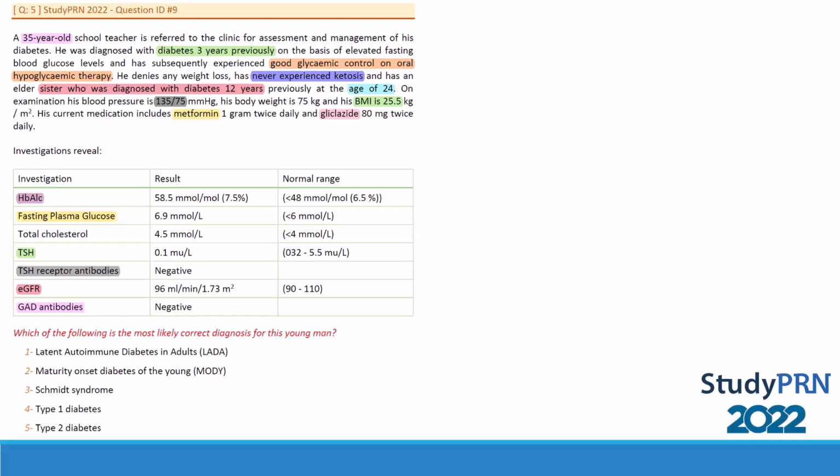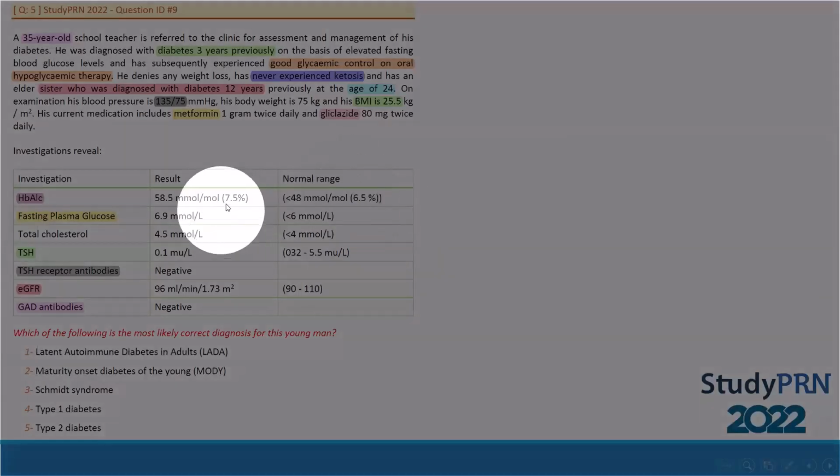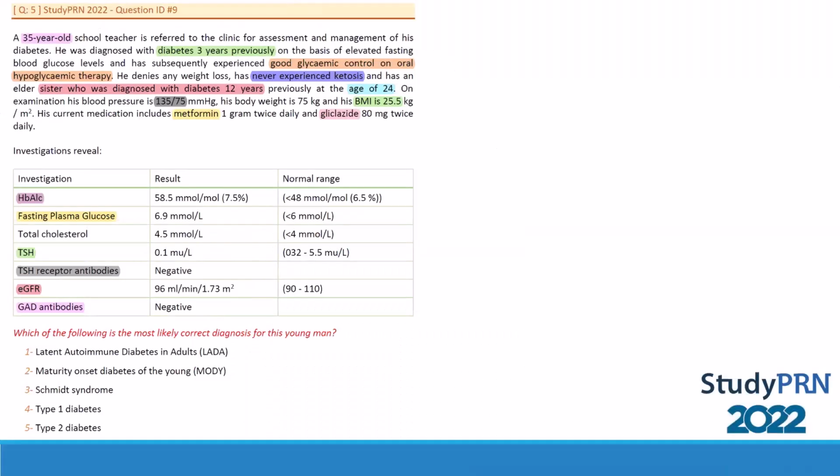Blood pressure is normal. Body mass index is not obese. Already controlled on metformin and a glycoside, with hemoglobin A1C 7.5, fasting 6.9, TSH 0.1, TRAB negative, GFR normal, GAD negative. Which of the following is the most likely correct diagnosis for this young man?